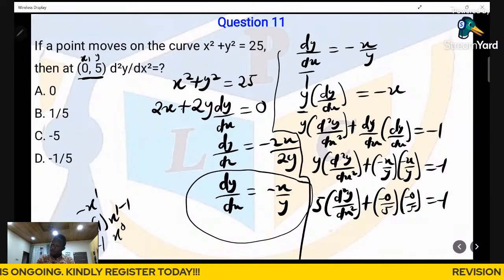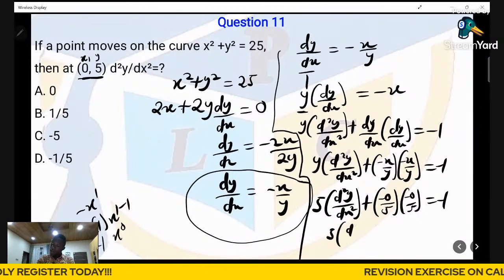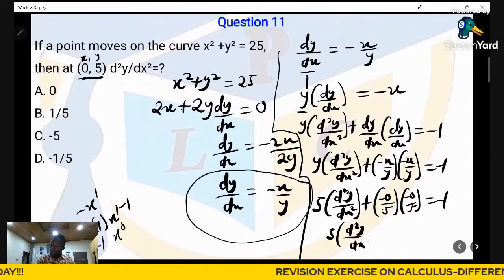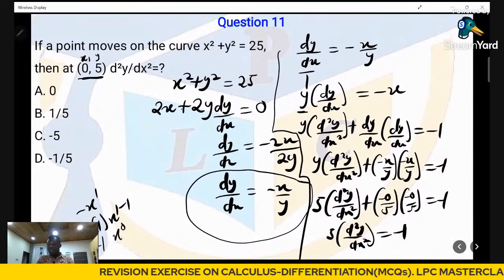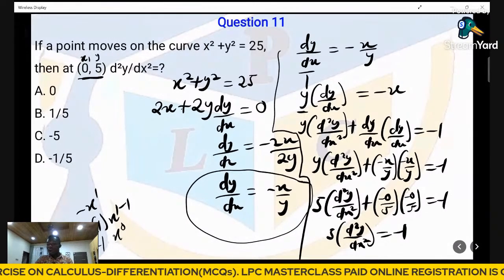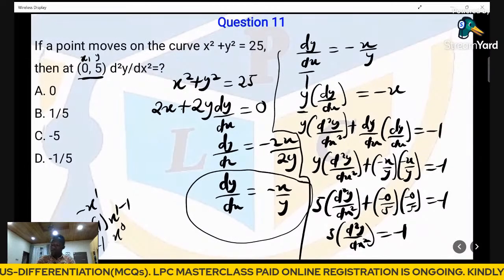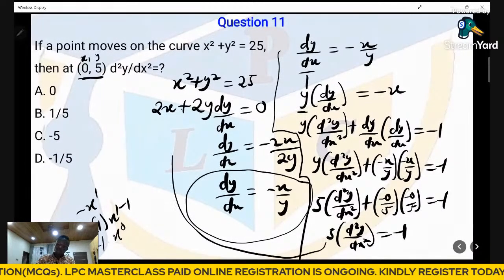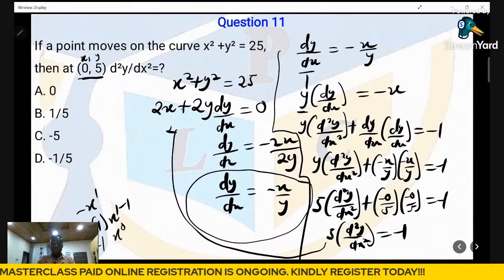So therefore, I'll have 5 d squared y over dx squared, and that should be equal to negative 1. I want to make d squared y over dx squared the subject. What will I do? I will divide both sides by 5. My board is coming to a limit, so let me use this approach.